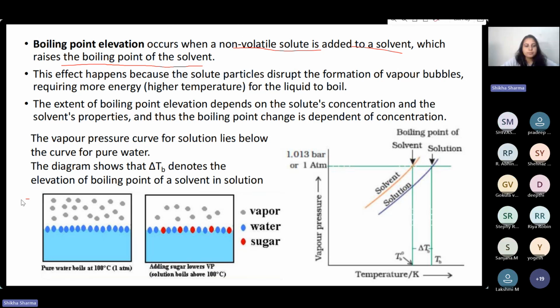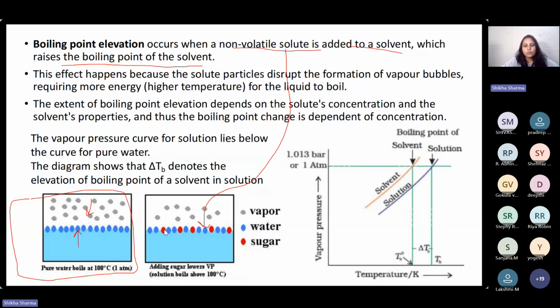So we can see from this picture, when we are boiling pure water at 100 degrees Celsius, these are the molecules of the water, and the vapor pressure of the surrounding is at equilibrium. So we say that it is the boiling point of water. And when we add some non-volatile solutes here, like sugar or salt or some other solute, what will happen?